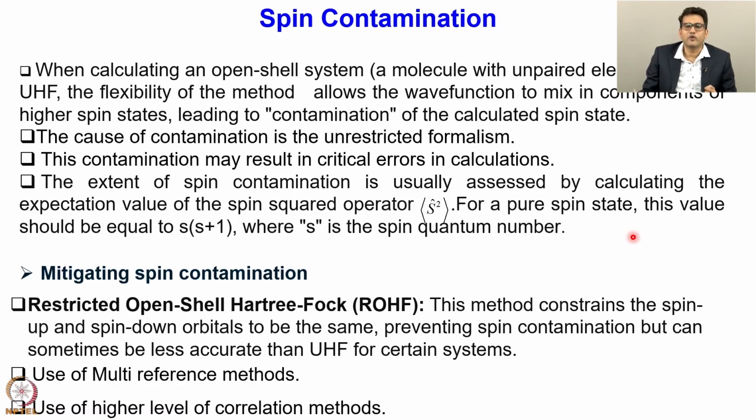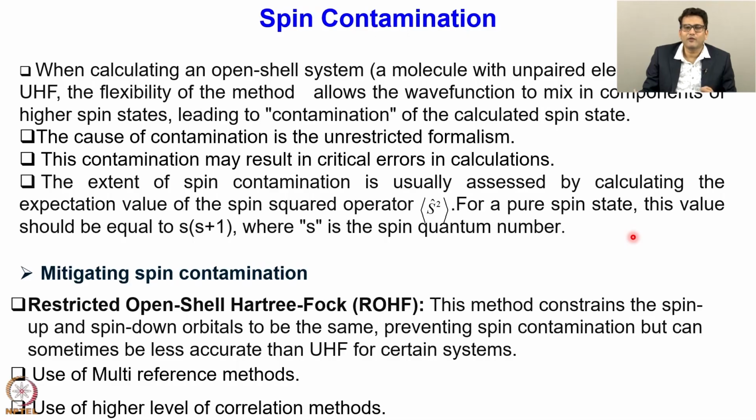So, full CI we know is an exact method, so it does not depend upon the orbital. So, it does not matter, unrestricted, restricted, whatever orbitals you use, generally the full CI wave function gives you the exact answer. Of course, full CI is not a practical method, so we need to go to methods which are some approximation, but generally higher order coupled cluster methods even have less problem for spin contamination.